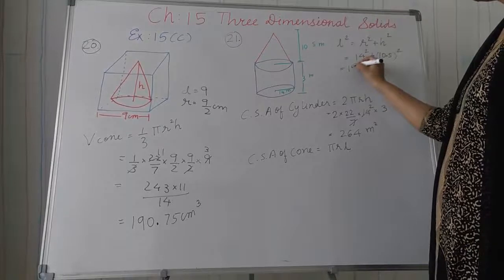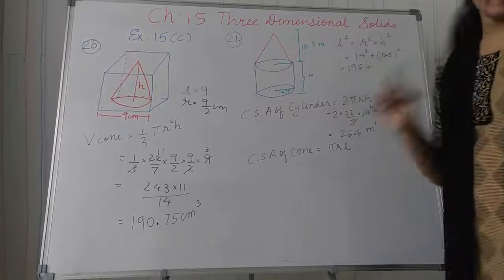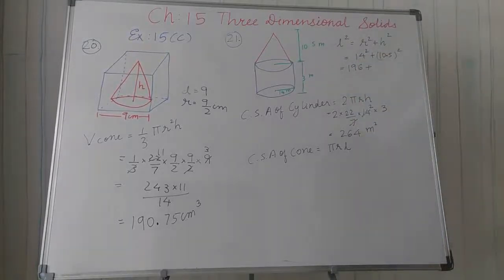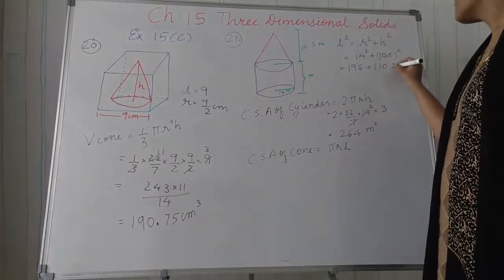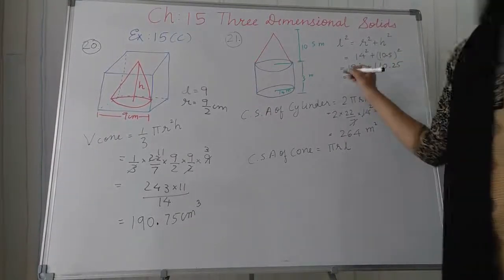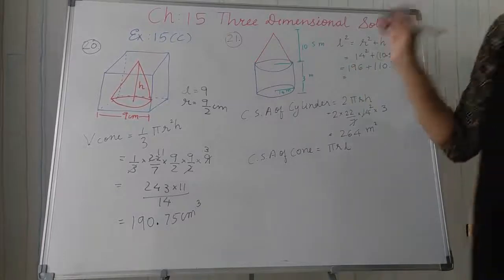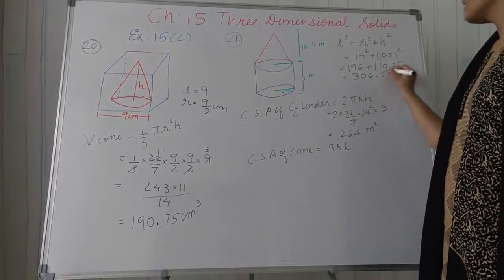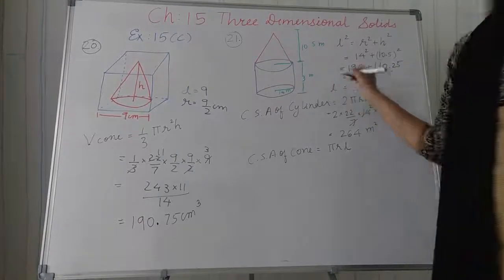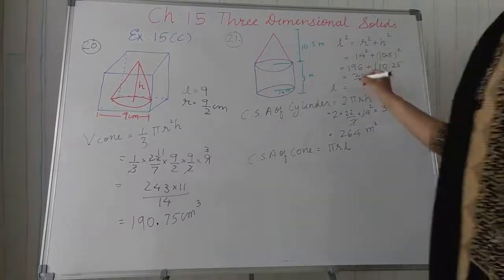So this is 196 plus 10.5 square. We have already found here, let me check, it is 110.25. So the addition of these two is 306.25 and its square root we found here is 17.5 meter.